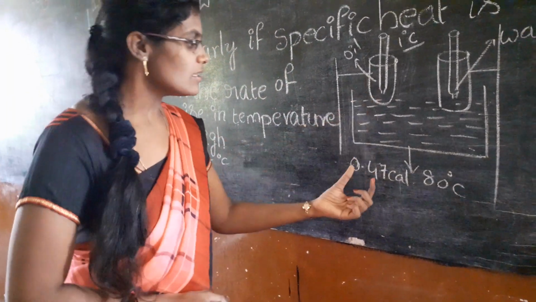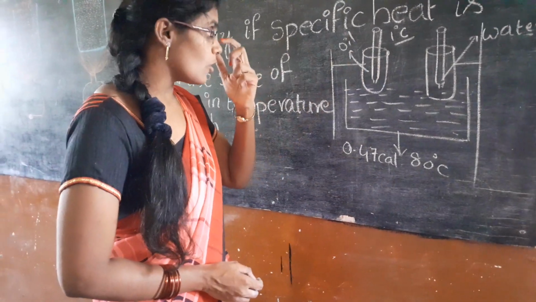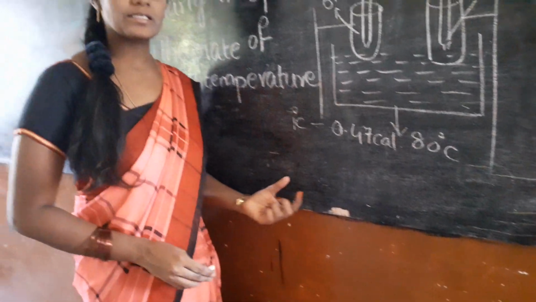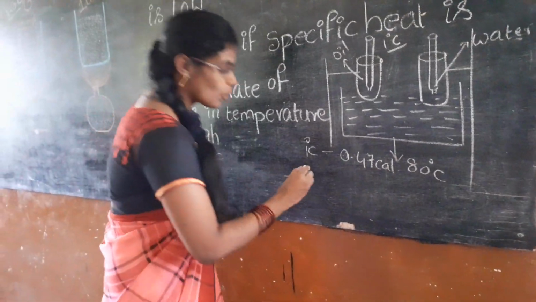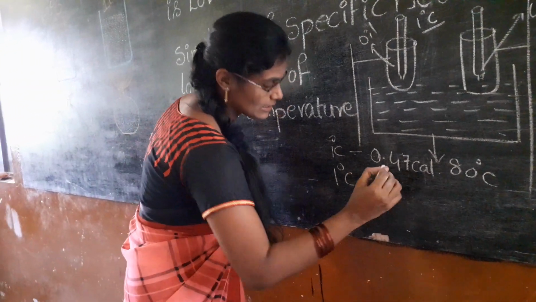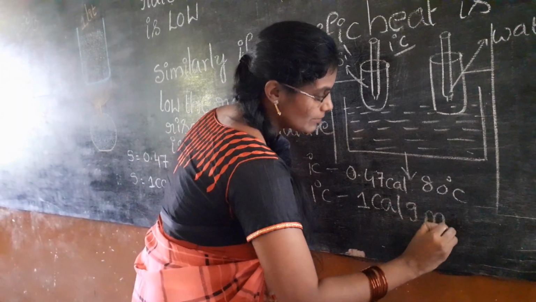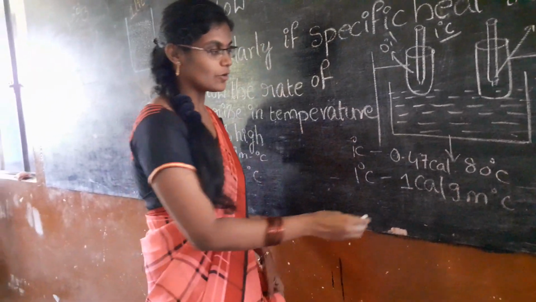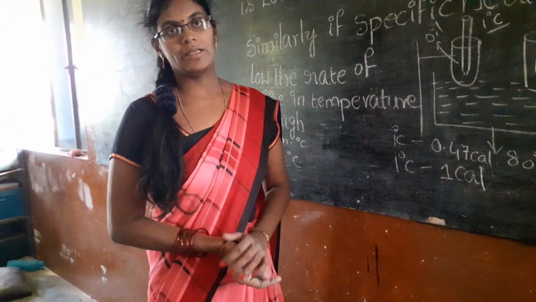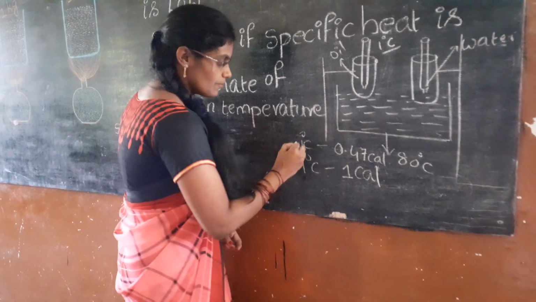If you supply 0.47 calories of energy, then the oil temperature rises by 1 degree Celsius. But if you want to increase the water temperature by 1 degree Celsius, you must supply 1 calorie of energy. Okay.